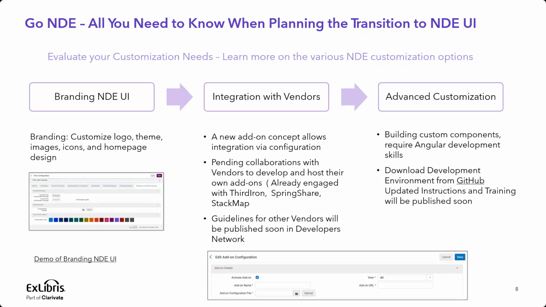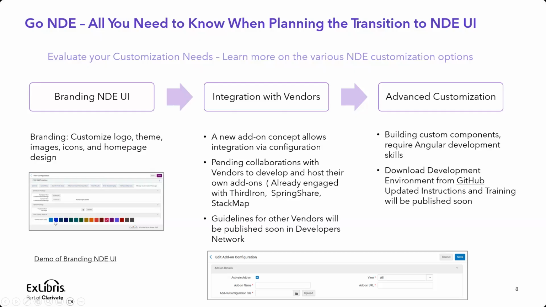There are all kinds of sites that are heavily customized, and sites that are doing the branding and also integration with a vendor. Let's start with the simple one: branding the NDE UI. Of course, while you are getting the NDE UI, you want it to look like your site. So you will be able to very easily customize the logo and adjust the theme.